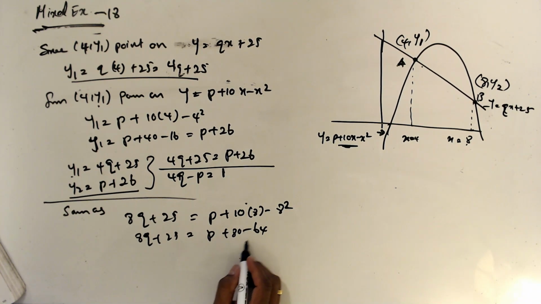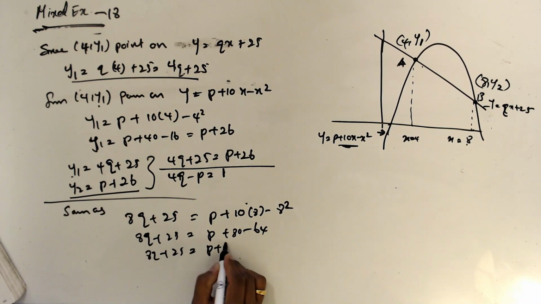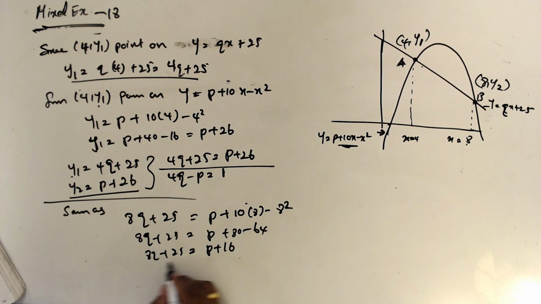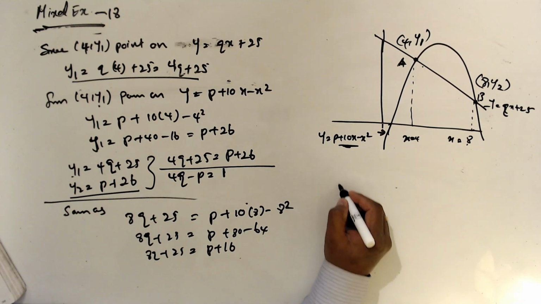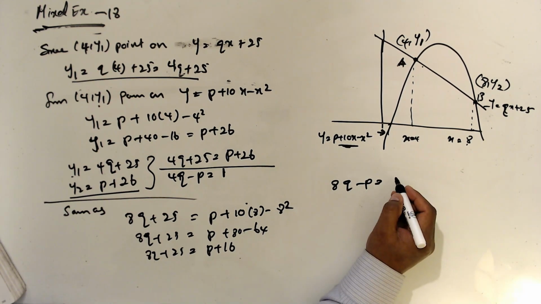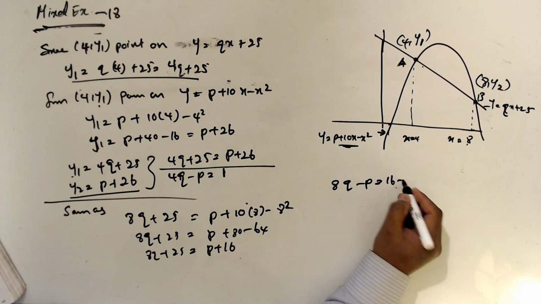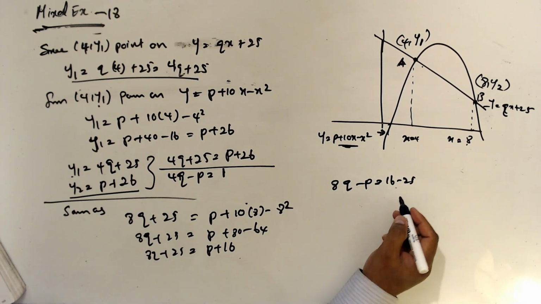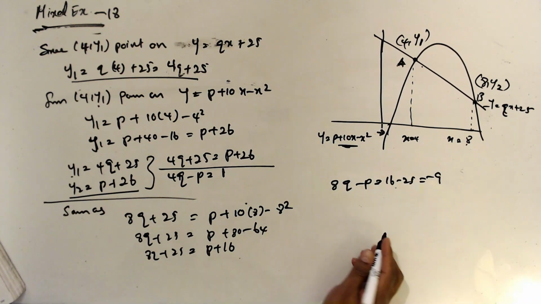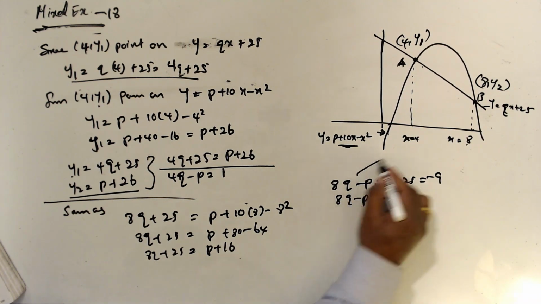So this is going to be 16. 8q plus 25 is p plus 16. So then 8q minus p equal 16 minus 25, which is minus 9. So 8q minus p equal minus 9.